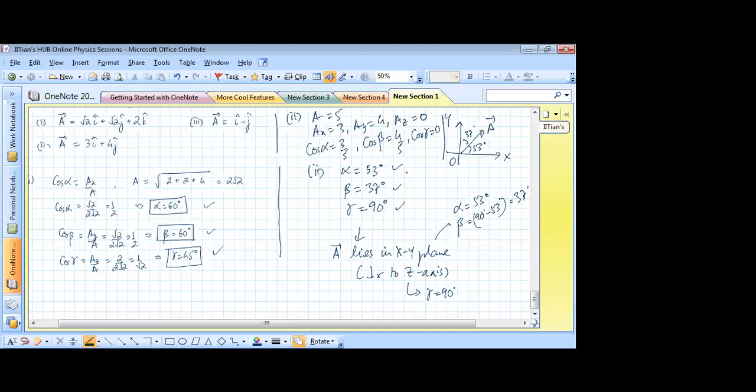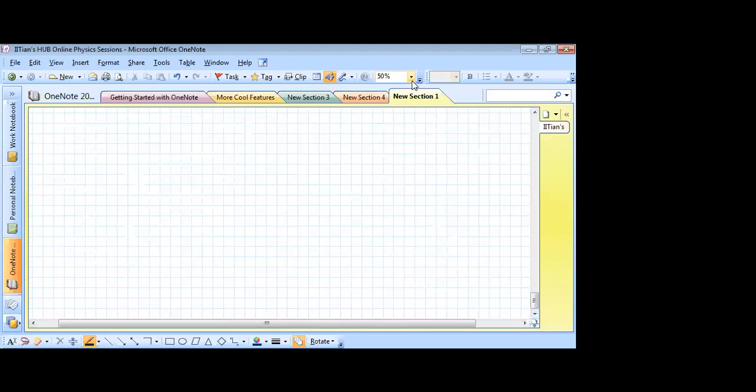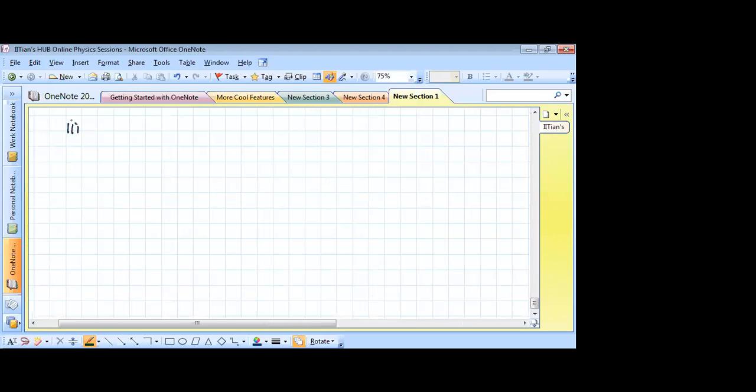Yeah, third one, one of the angles will be an obtuse angle because cos beta is negative. That's the only thing you have to be careful about. So in the third one, we are dealing with this vector i cap minus j cap. Right. So magnitude of the vector is root 2. Ax is 1.